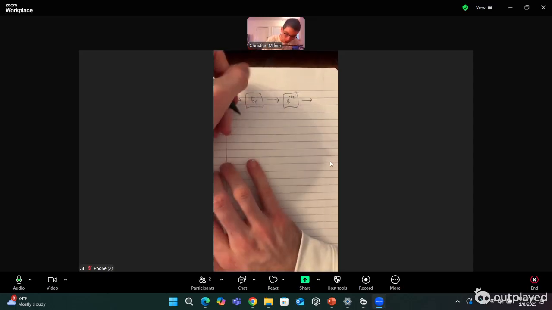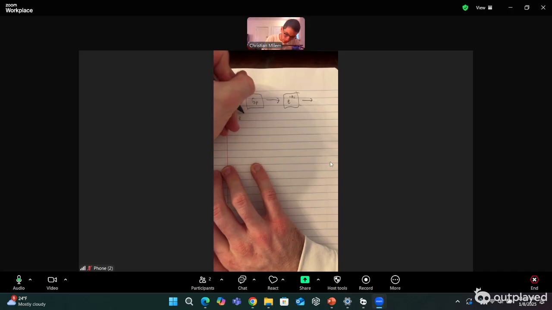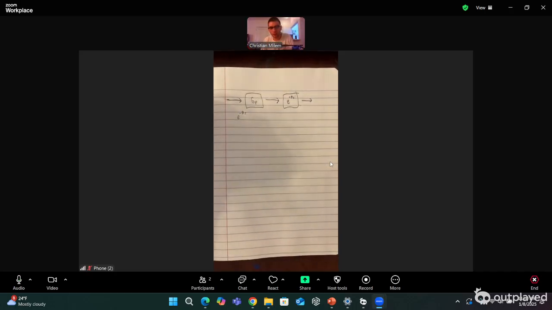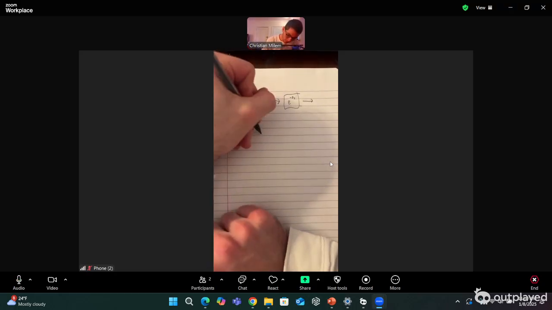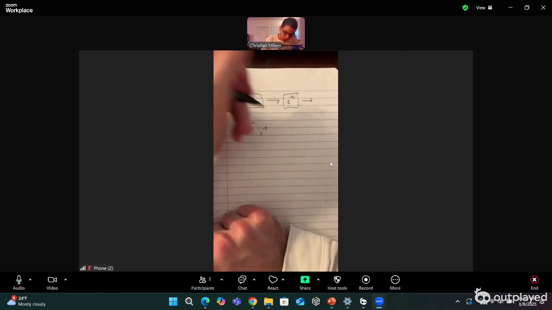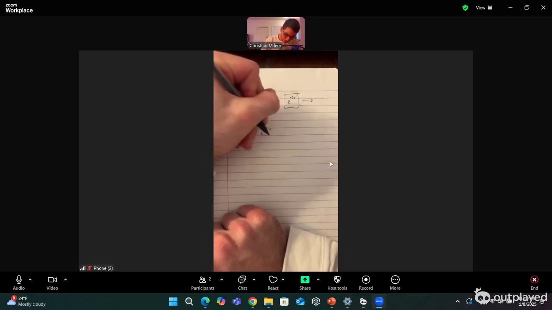And this follows the general format of e raised to the negative theta times s. So what we'll do, s equals i omega. So we have e raised to negative theta i omega.